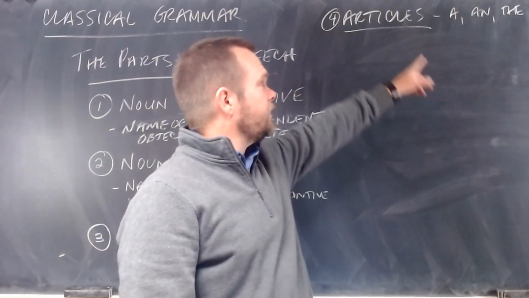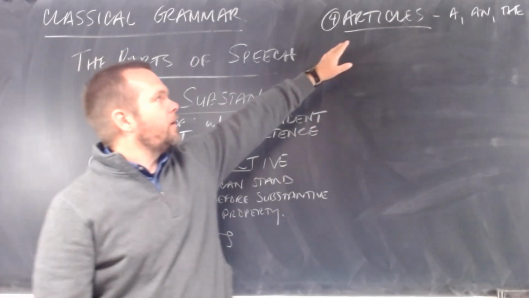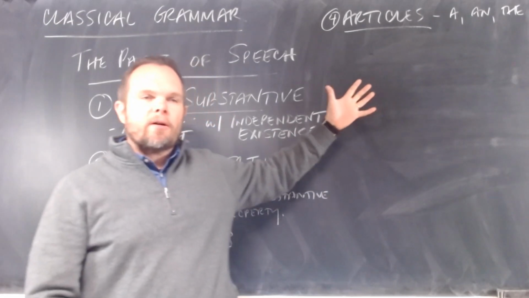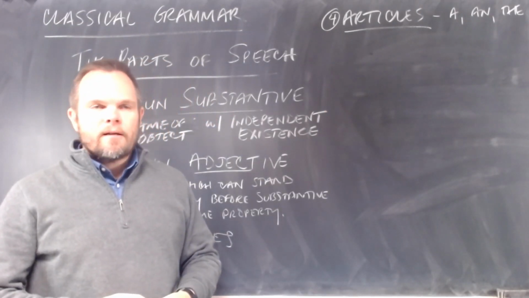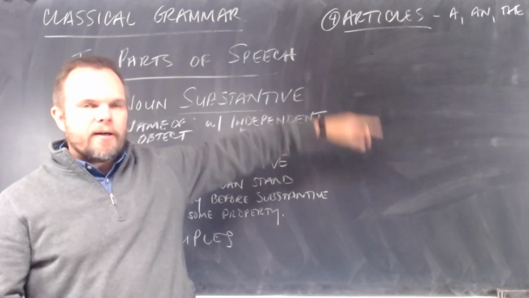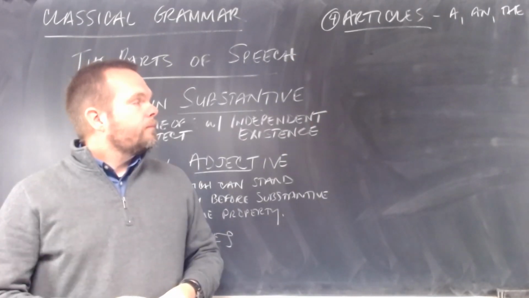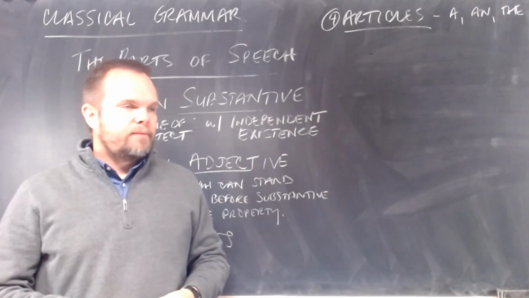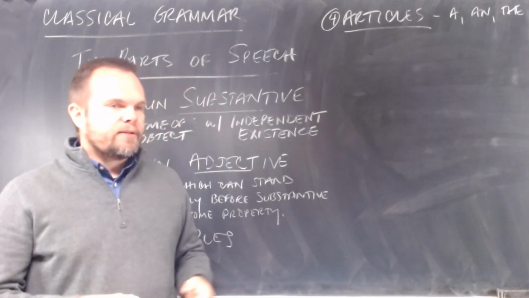It's important to note that in Latin there are no articles. So this part of speech doesn't exist in Latin. And we're going to see that there are more parts of speech in English than in Latin. And this is one of the reasons why, because in Latin there are no articles. There's no word in Latin for a or the. We can add them in translation, but they don't exist in Latin.